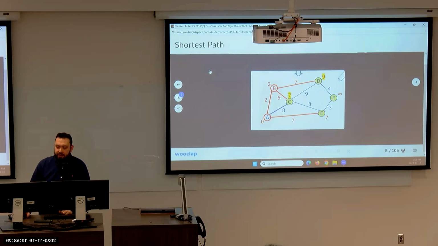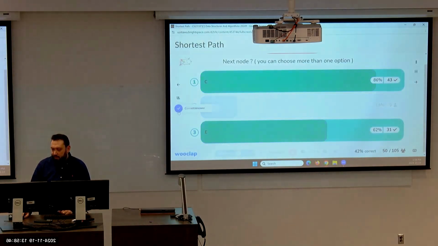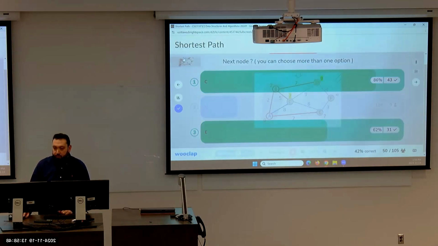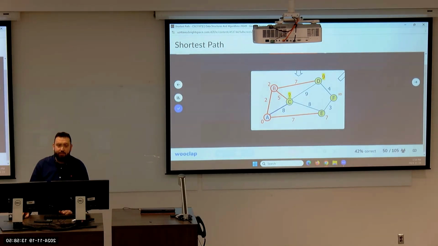So is it C, D, or E? I said you can have more than one option. C and E, both of them are right answers. Of course, not D, because D is 9, not 7. If you want to use the shortest path, you're not going to go to the longest path.